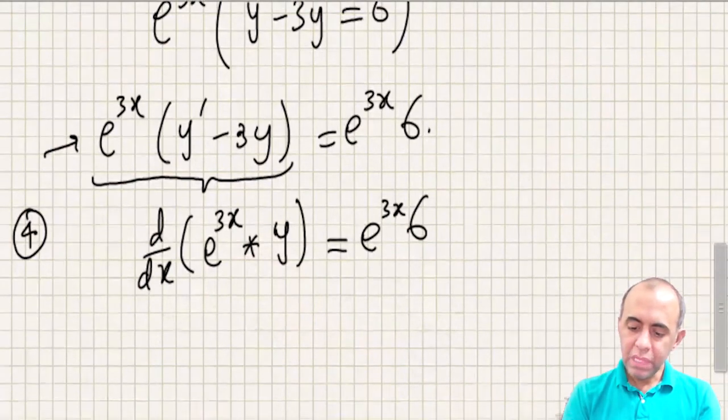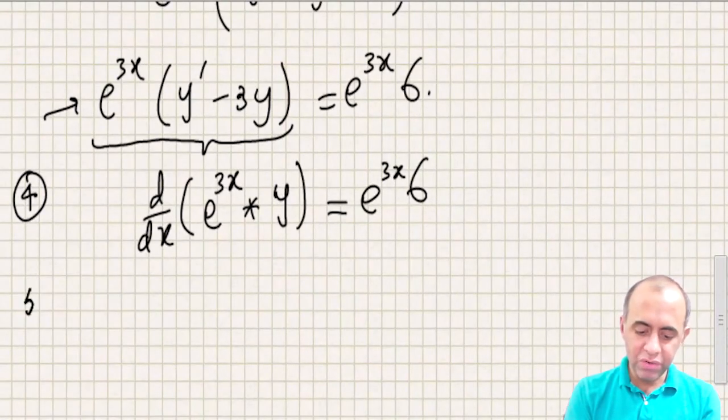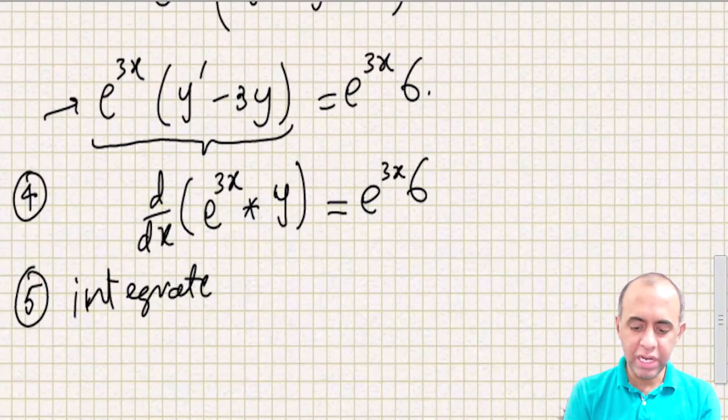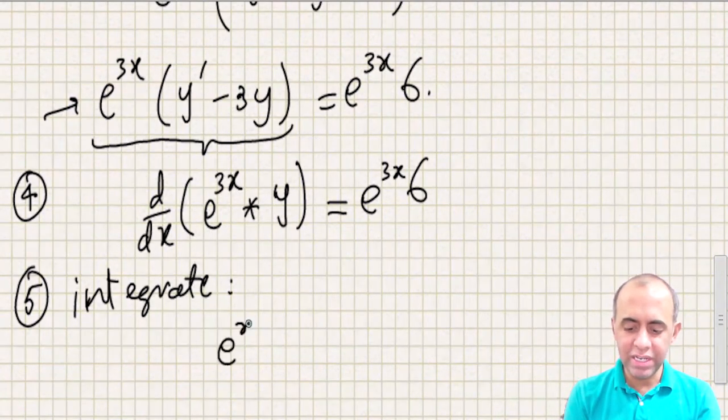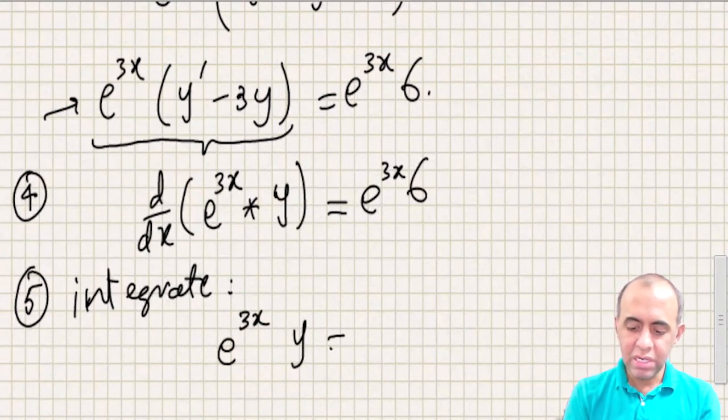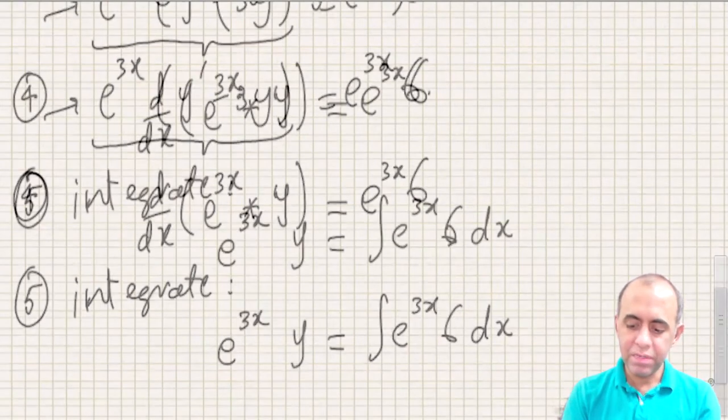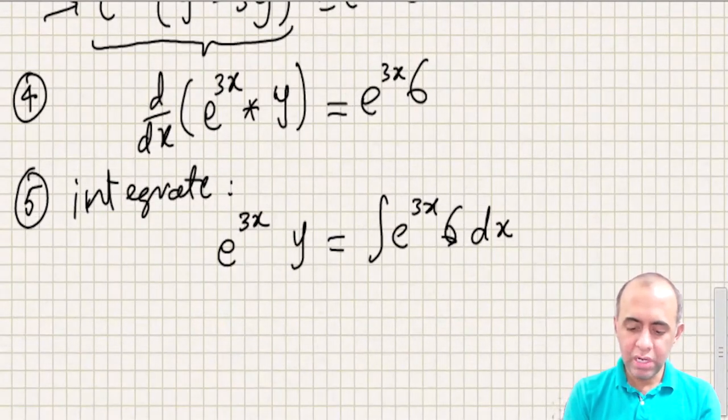So now on step 5 we integrate. So let's integrate on both sides, and on the left hand side the derivative simply cancels out, and on the right hand side we get 6 dx, right? And there would be a constant of integration.